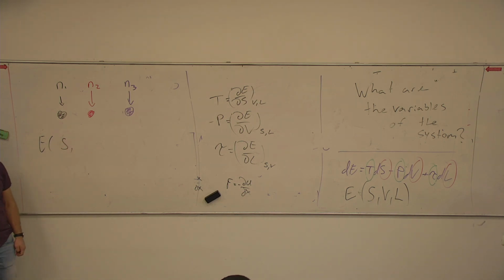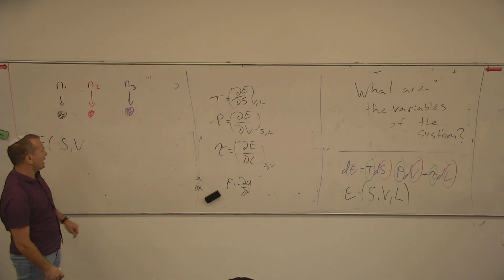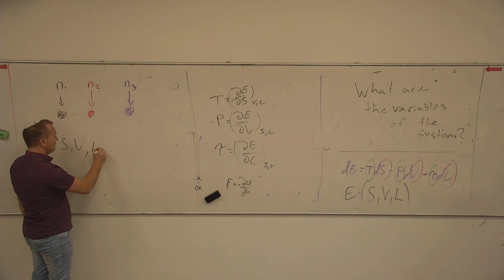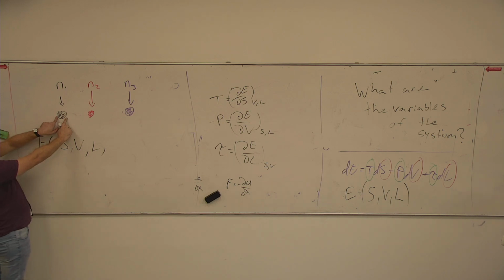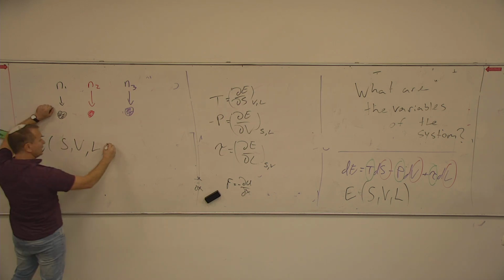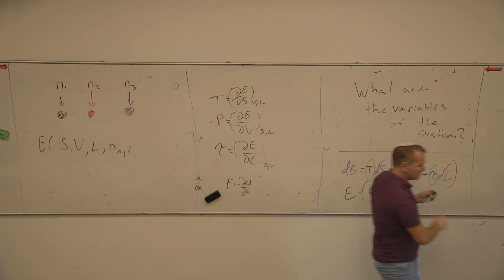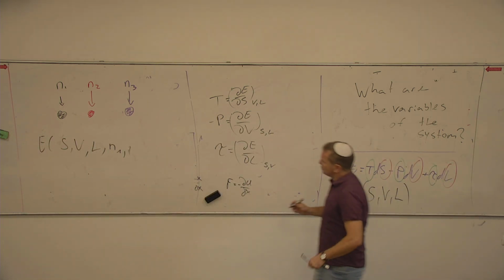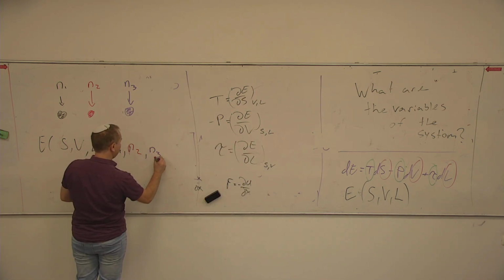It always has to depend on entropy. Volume, okay? Let's assume that I have a length of my system, but it doesn't really matter. And it can also depend, for example, on the different kinds of particles that I have inside the system. So it can depend on N1, N2, and N3.